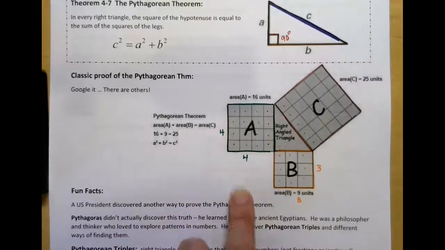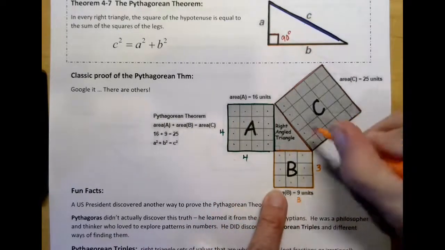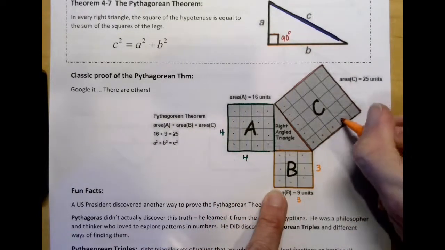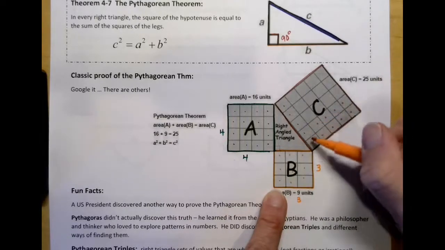Now what's interesting here is my 3 by 3 gives me 1, 2, 3, 4, 5, 6, 7, 8, 9 units.